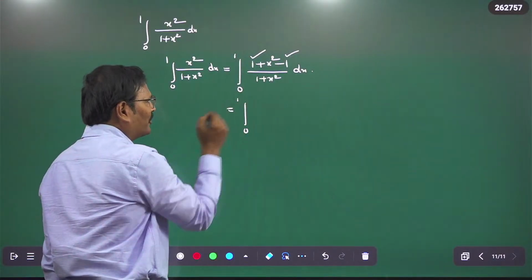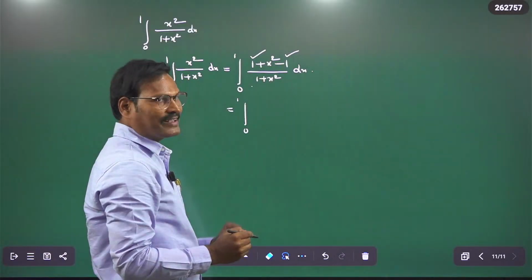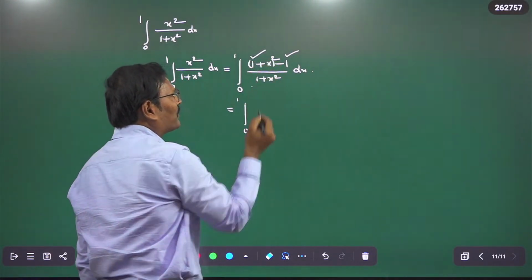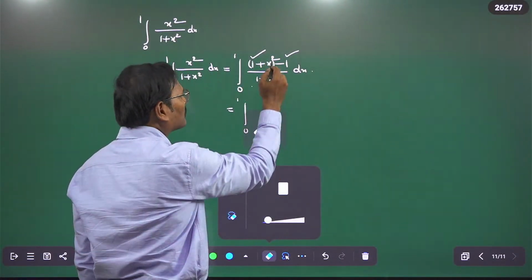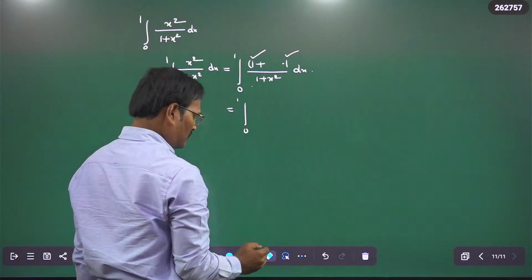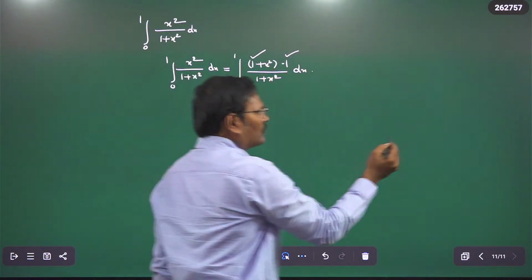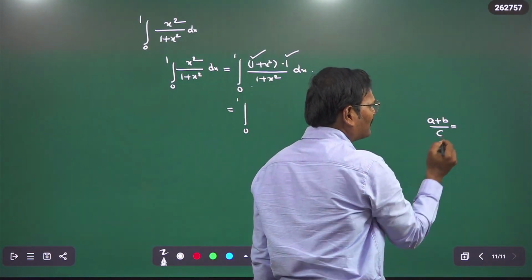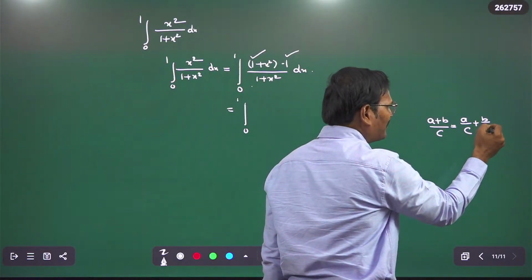So integral 0 to 1, 1 plus x square minus 1 by 1 plus x square. If a plus b by c is there, can we write it as a by c plus b by c?